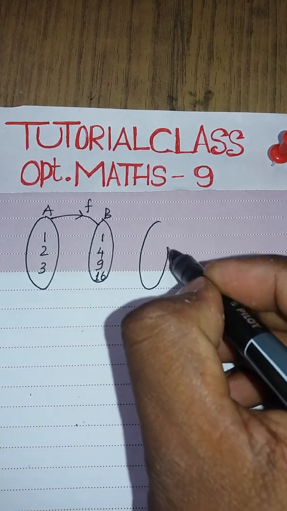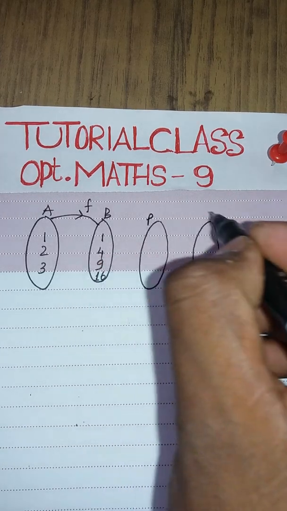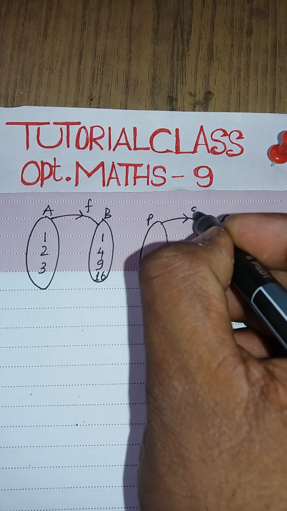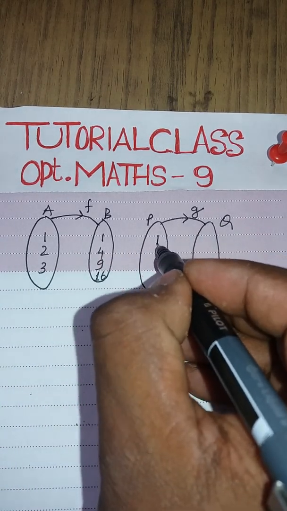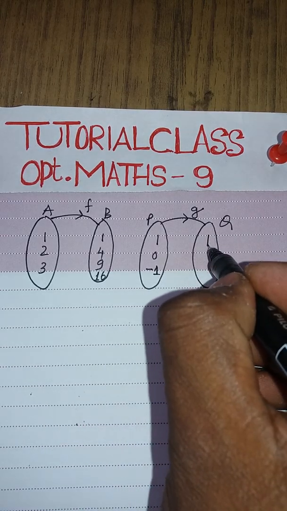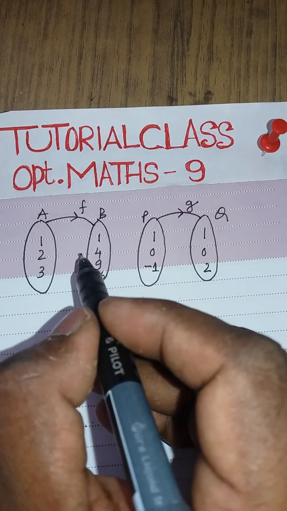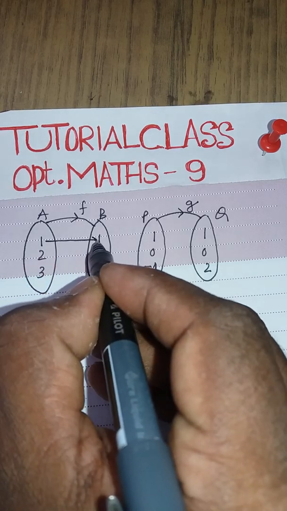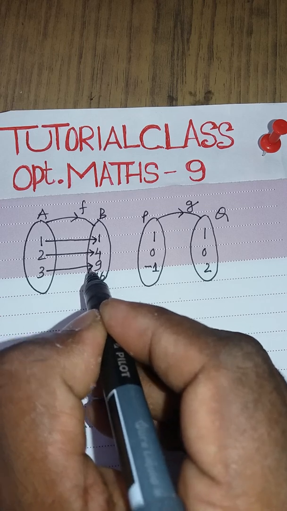Another mapping diagram: here set P, set Q, and the function is denoted by G. Here the elements we are going to take are 1, 0, -1, and similarly 1, 0, 2. Let's start the mapping of the function. Then 1 is mapping with 1, 2 is mapping with 4, 3 is mapping with 9.